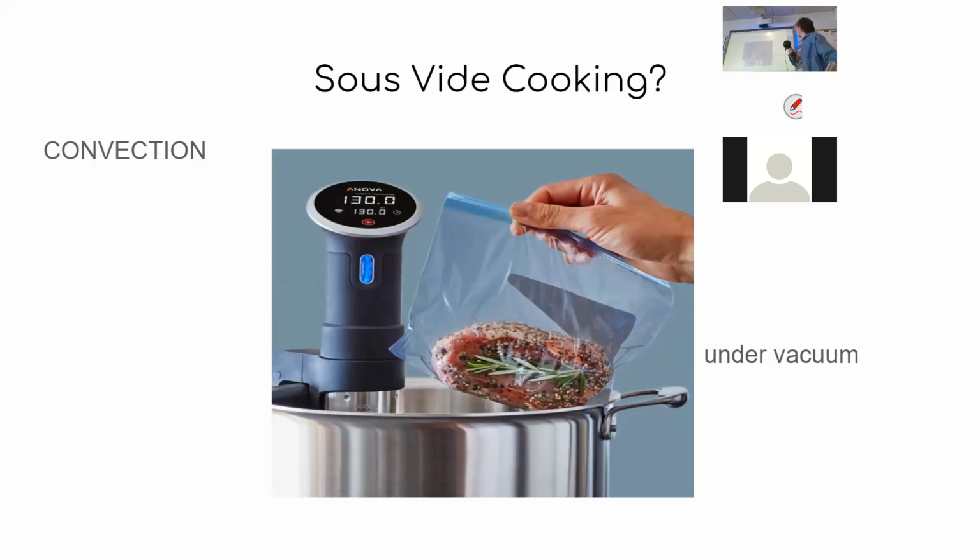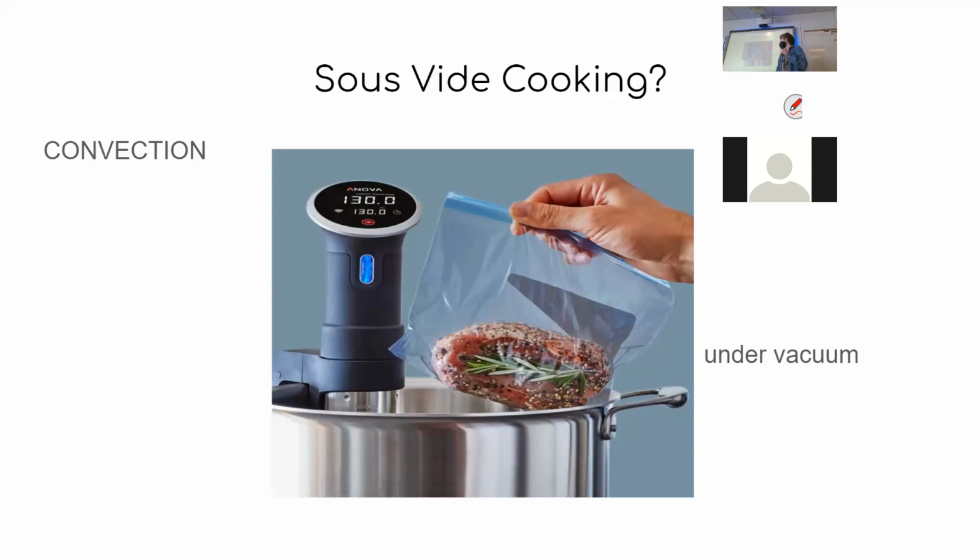So basically sous vide cooking is a form of cooking where you seal the food in a vacuum sealed bag, and then there's a machine with a kind of probe that you put in a bucket of water with the food, and it brings the water up to the goal temperature of your food, very slowly.